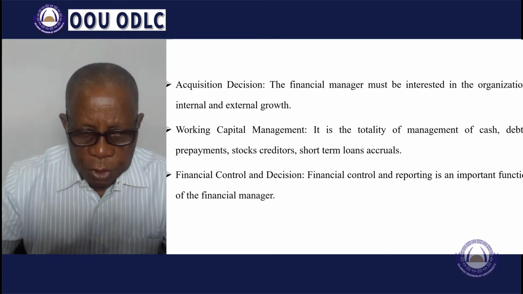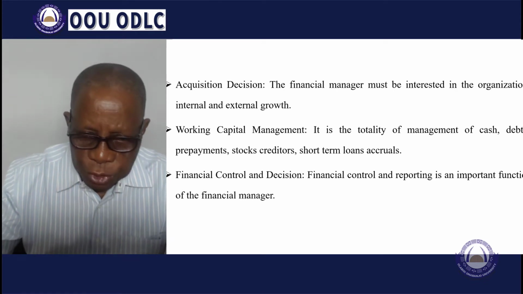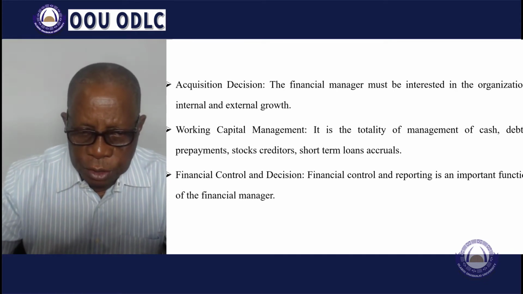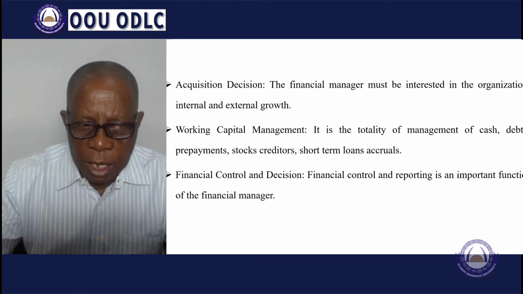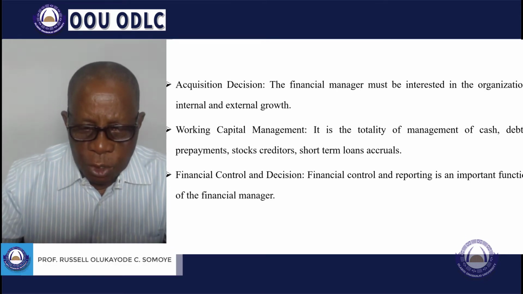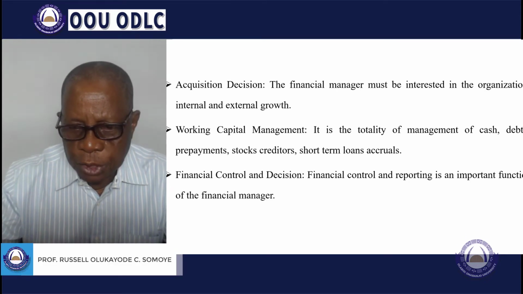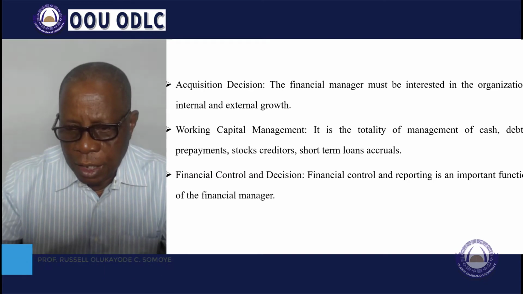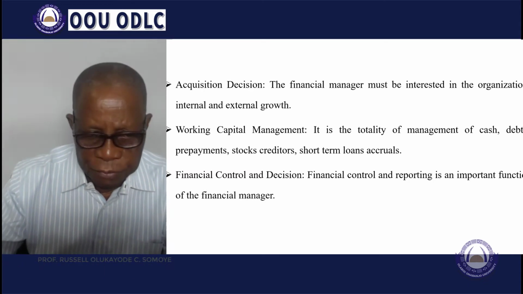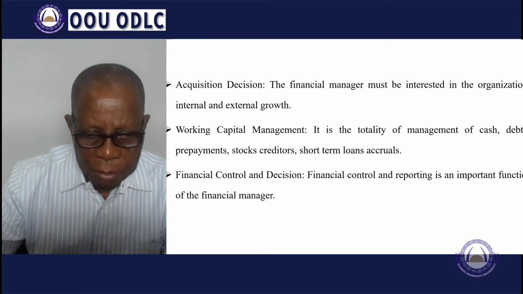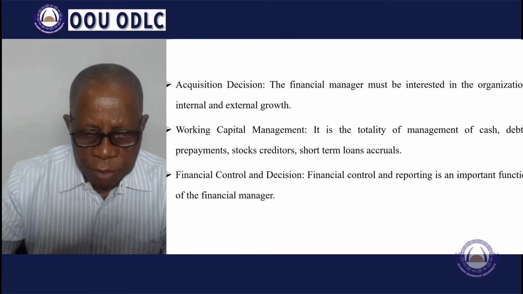Is the firm running appropriately well or not? Is the capital structure efficient? Have we made adequate working capital? So for financial control and decisions, the firm needs to have control over every level of activities of the firm. And the financial manager must be able to handle this efficiently.